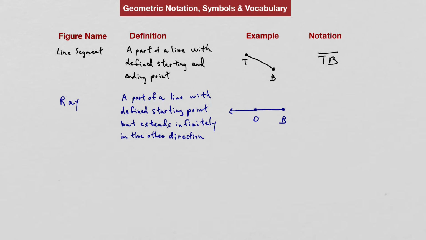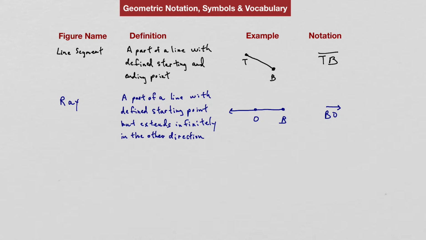We have point O and point B. The defined starting point is B, but it extends infinitely past O. Notice here that because it starts at B and goes infinitely in this direction through O, we would call this ray BO.